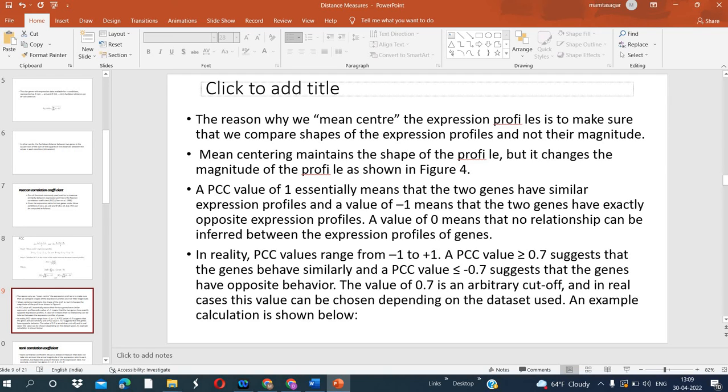A value of 0 means that no relationship can be inferred between the expression profiles of genes. Now it is clear to you, I think. It is useful if the genes are expressed together, like ZYA, or clustered genes that are found in bacteria and are generally expressed together.